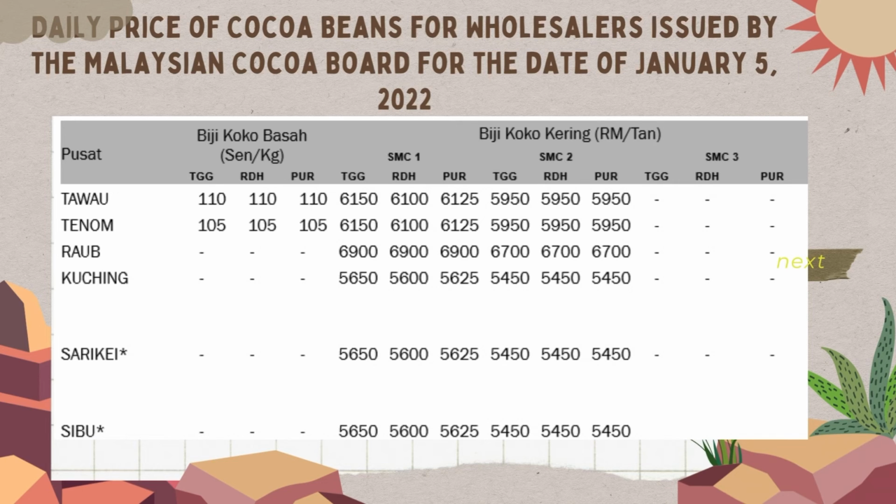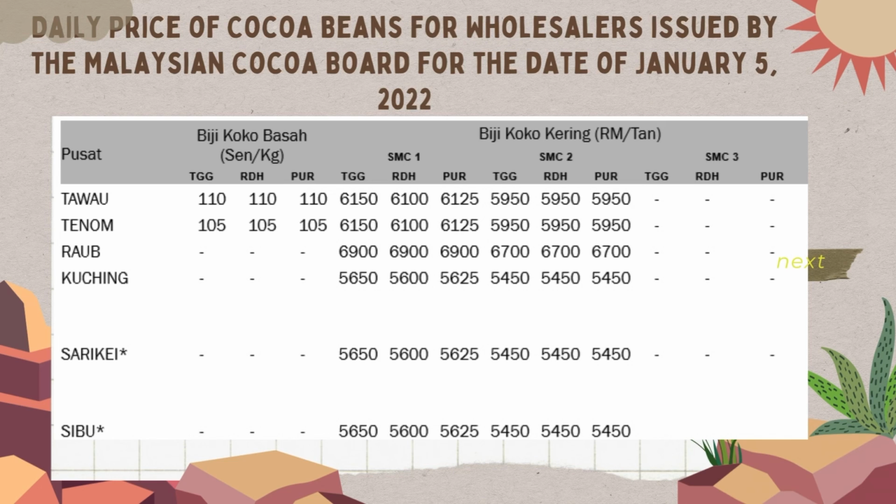The average price at Tenom is 105 per kilogram. For dry beans, the average price at Tenom and Tawau for SMC1 is 6,125 per ton. For SMC2, 5,950 per ton. The average price at Lahad Datu for SMC1 is 6,900 per ton. For SMC2 it is 6,700 per ton.